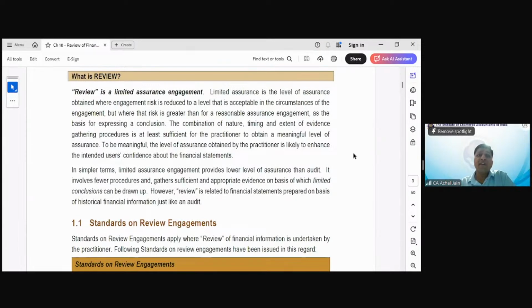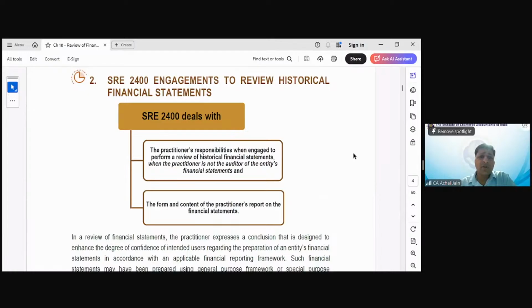Now, because the level of checking is lesser, so that's why auditor will not be able to give reasonable assurance. Auditor will be able to provide only limited assurance. So now, let's talk about SRE 2400. Now it requires review of historical financial statements by a practitioner who is not the auditor of entities' financial statements.